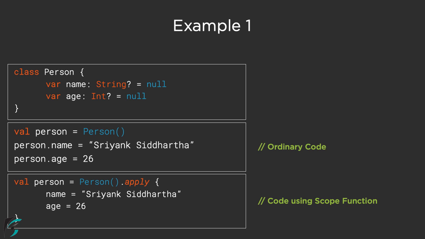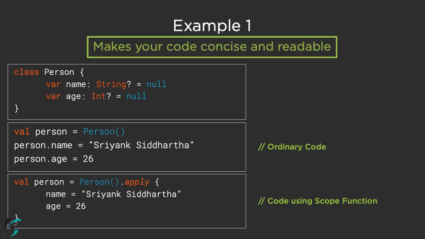In the ordinary code, we have some code repetition, right? But here, using the scope function, our code is more concise and more readable indeed. Just use the apply function and initialize the properties without using the object name. So in short, the scope functions make your code clear, concise, and more readable.